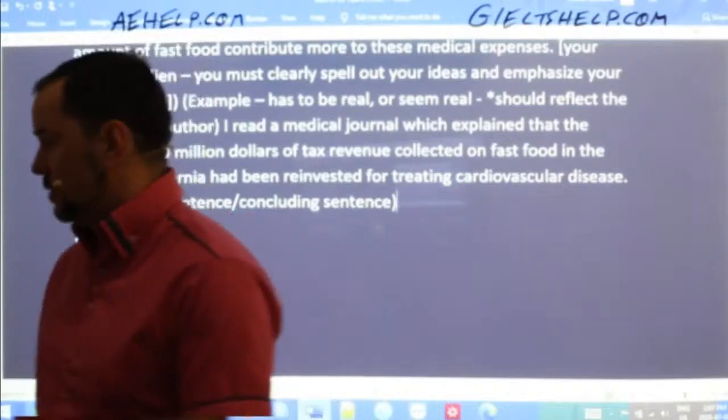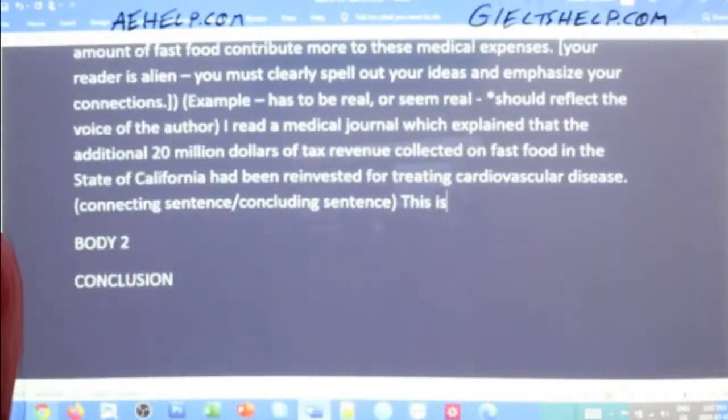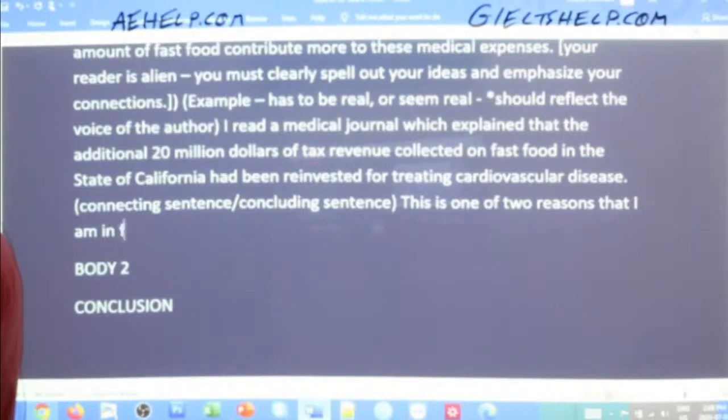So this is one of 2 reasons that I am in favor of such government tax, okay, or in favor of a fast food tax.